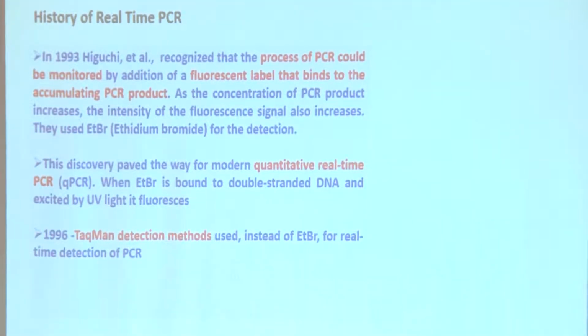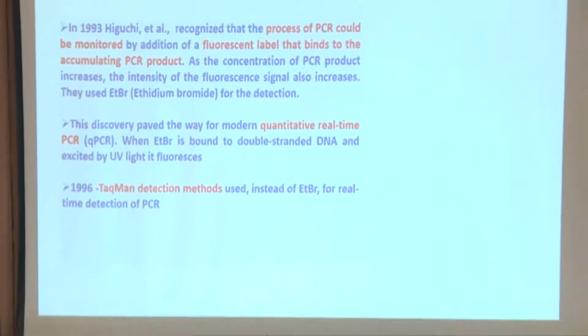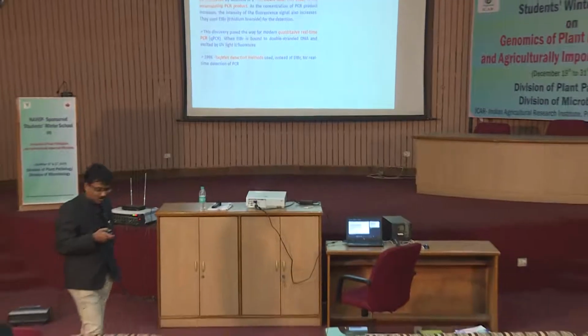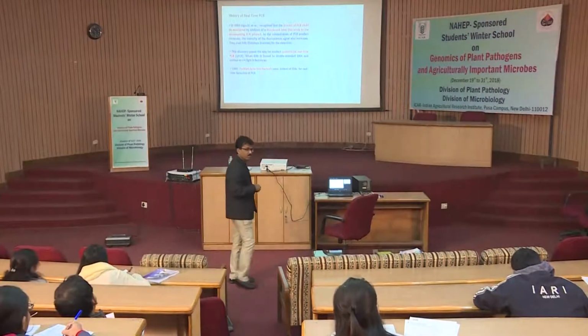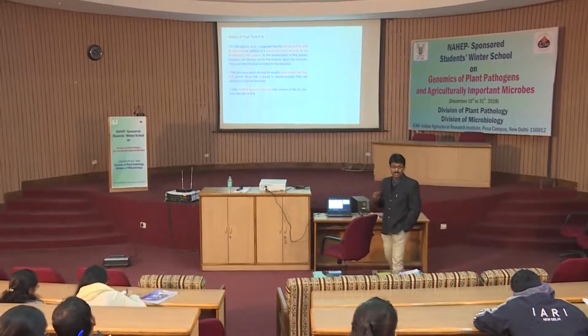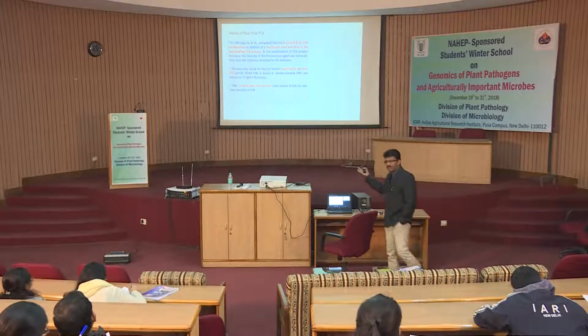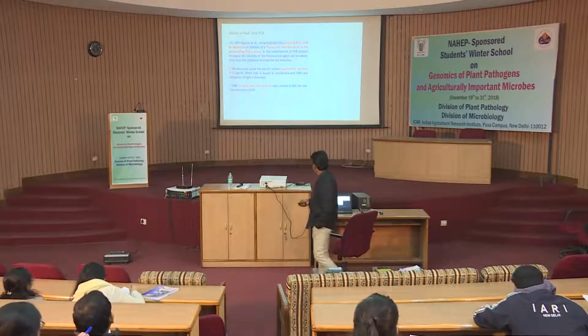In 1996, there was another invention that complemented Higuchi's concept of the ethidium bromide based tracking system of amplification, the TaqMan detection method. We will have several slides on that, we will discuss that.